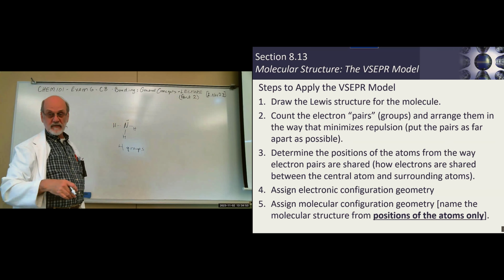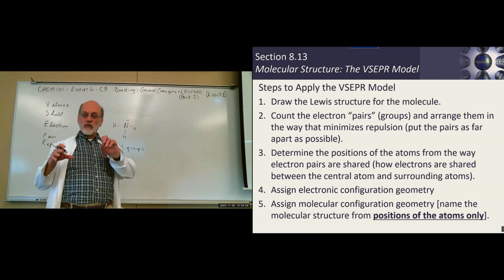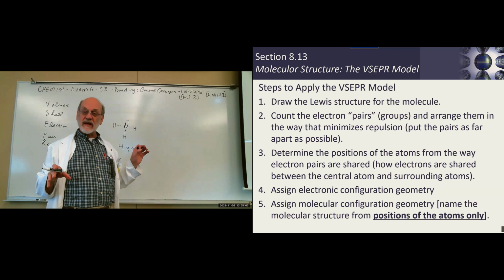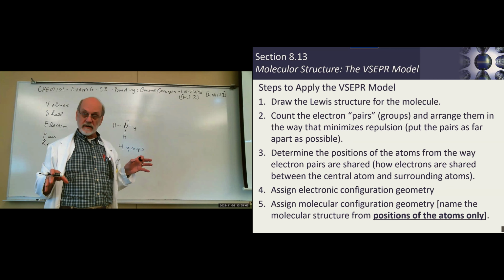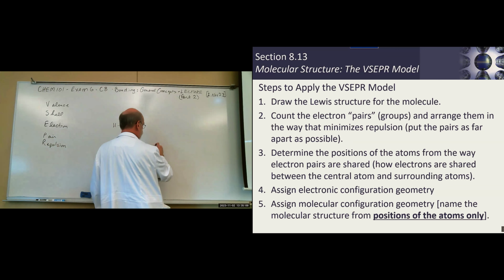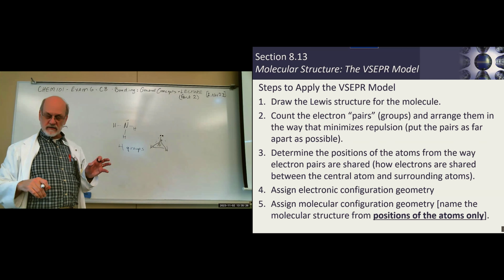If you have 4 groups regularly arranged around the central atom, that means you've got a tetrahedron. So we would draw the base like this and put the hydrogens here and the nitrogen in the middle, and then up here would be our lone pair. And it would form the regular geometric structure of a tetrahedron. That's the electronic structure.